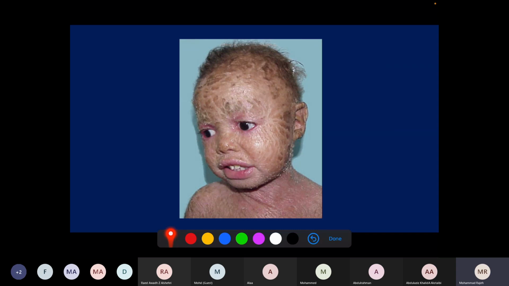Another popular disease that they like to bring, Aziz, what's this? Ichthyosis, you can go back to the academy.